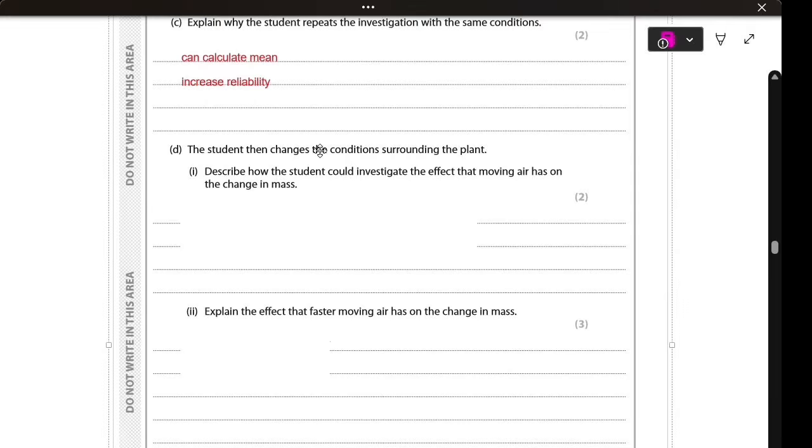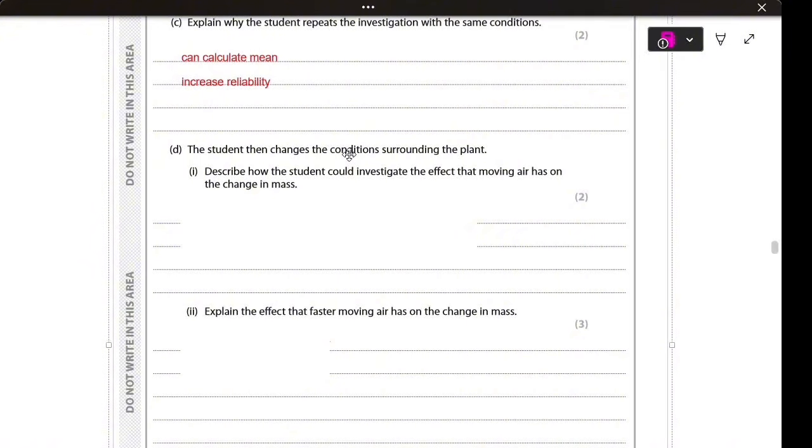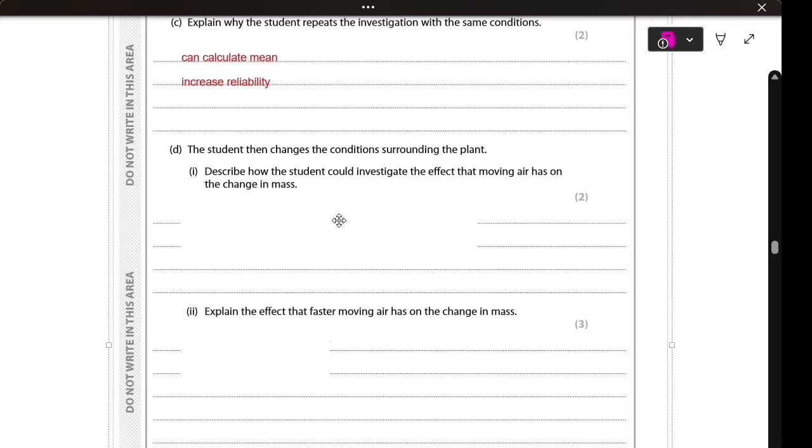The student changes the conditions surrounding the plant. Describe how the student could investigate the effect that moving air has on the change in mass. So we want to investigate the effect of moving air on the change of mass, and they've asked us to describe how the student could do this.